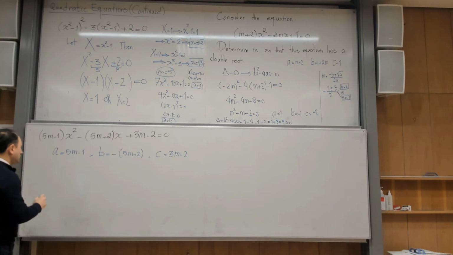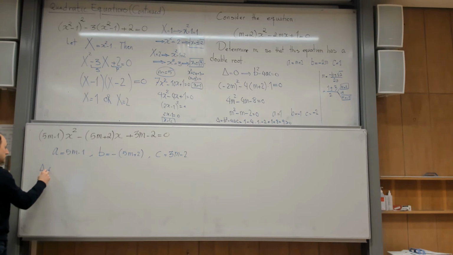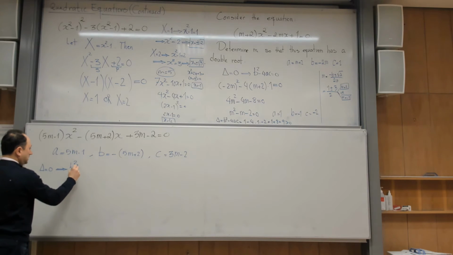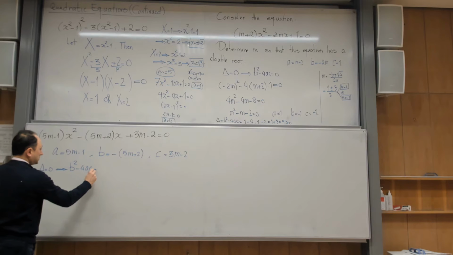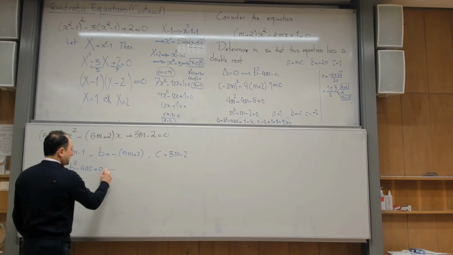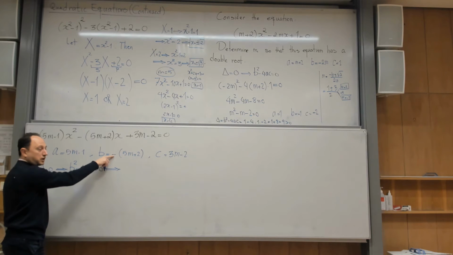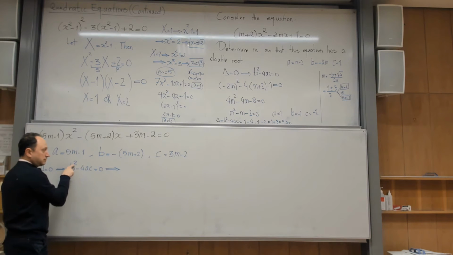So what I have to do, I have to put delta equal to 0. Which delta? Delta of this original equation. This means that b squared minus 4ac should be 0. This means that b squared, I don't need to be worried about the negative sign because it will be cancelled by this even power.